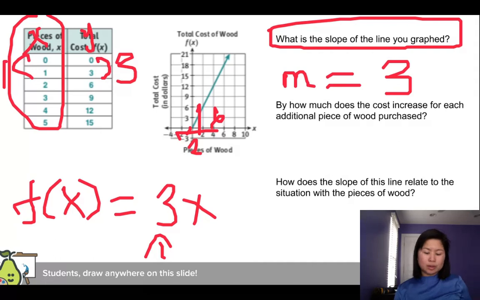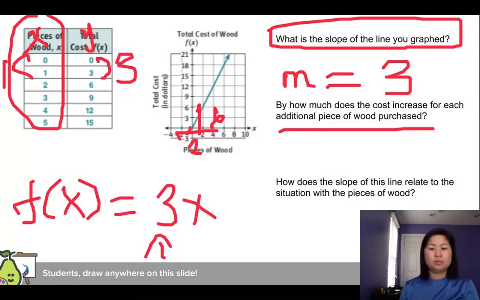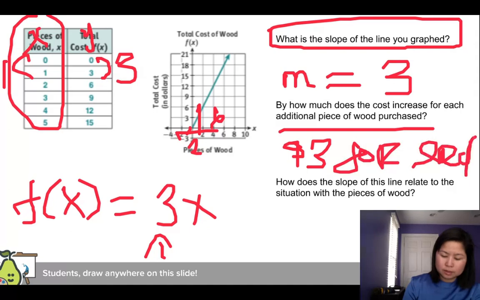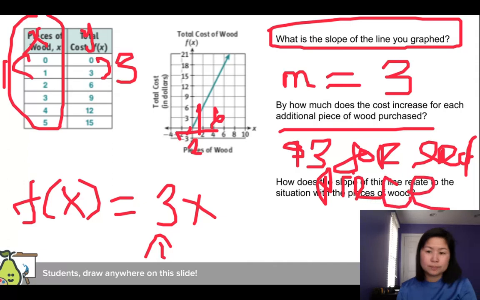So the 3 is telling you that this is the cost for each additional piece of wood. This tells you it's going to be $3 for each piece. Okay.